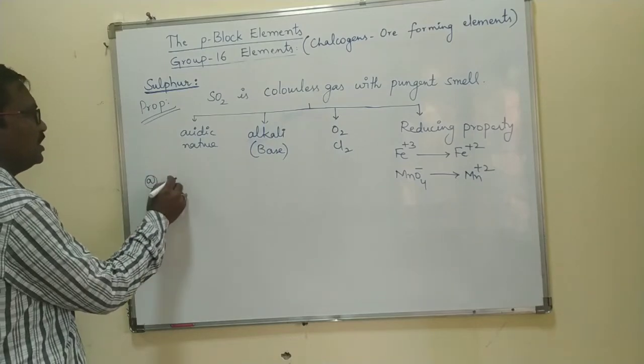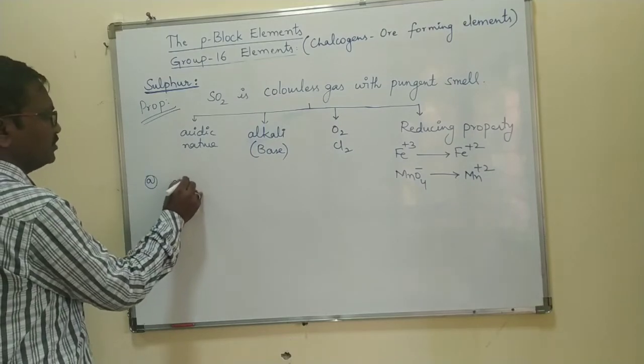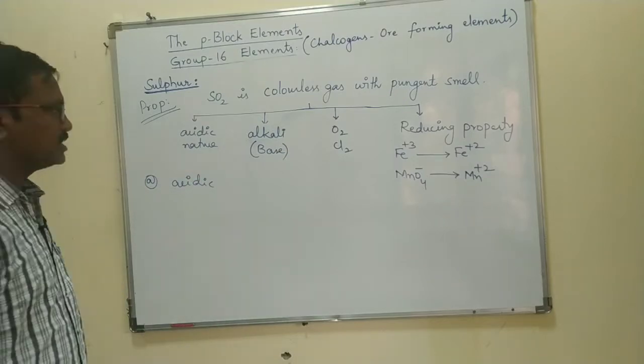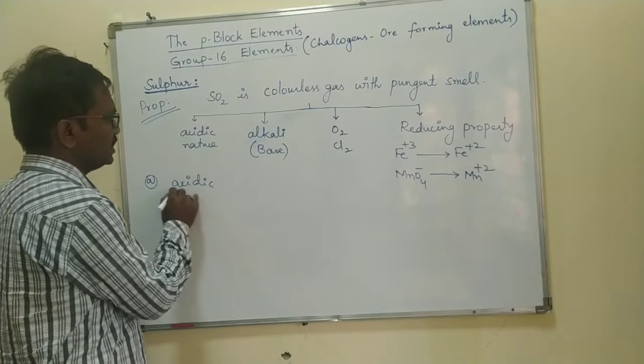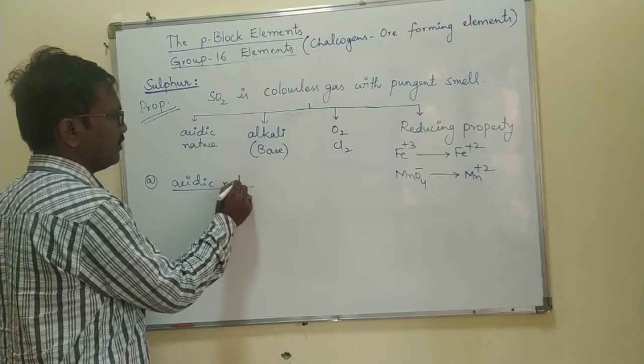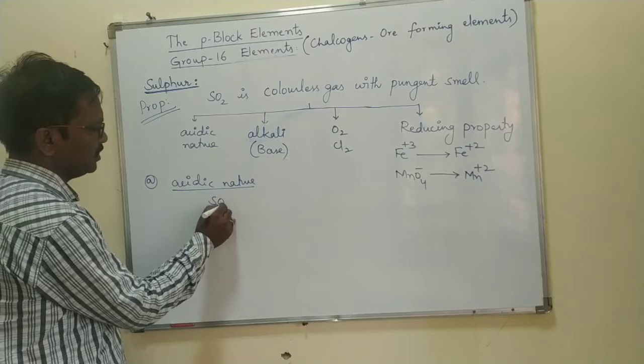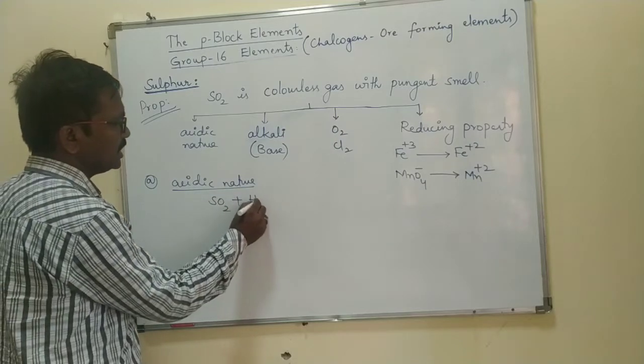The first one is the acidic property. I told you in the types of oxides, right? So sulfur dioxide is acidic in nature. How do you know it is acidic?